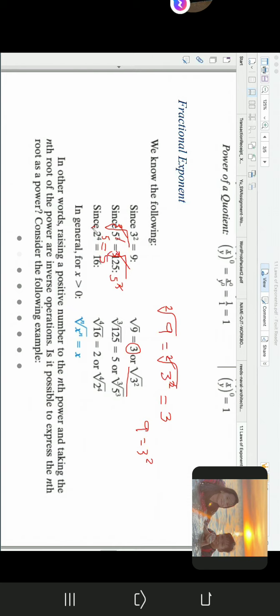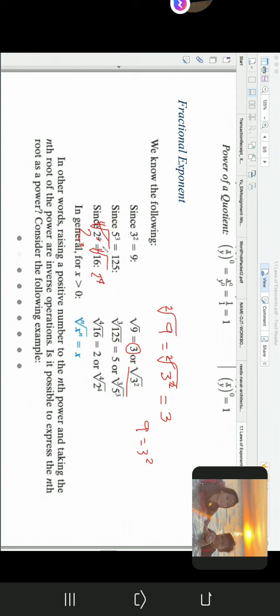And also this one, 2 to the power of 4, you have to get the fourth root, since that is the power of 4. So your index here is 4, and this is also 4 here, so it cancels. So the radical sign, that is 2, because this 16 can be written as 2 to the power of 4.